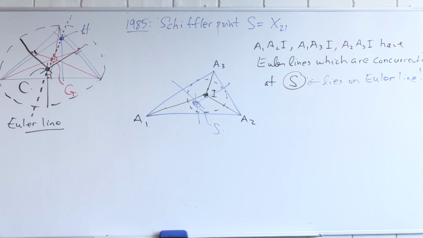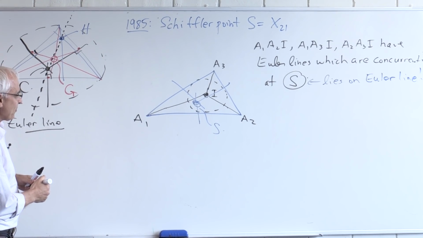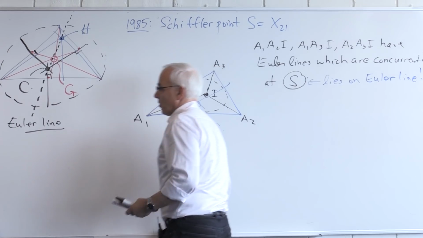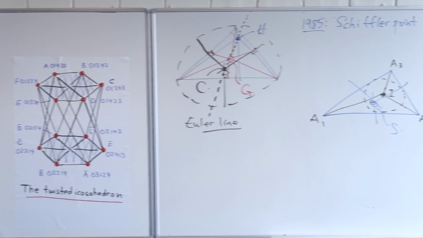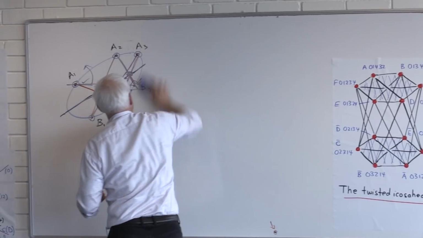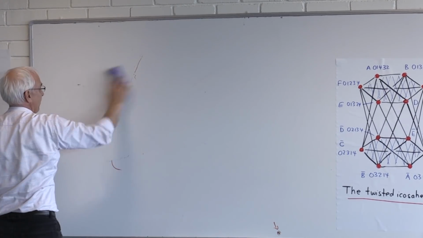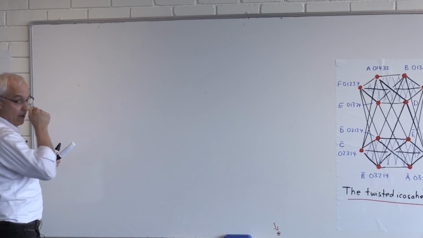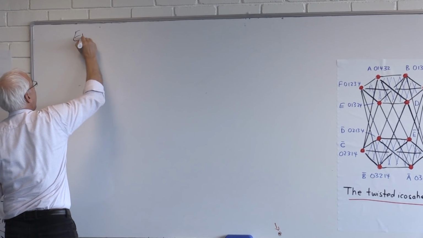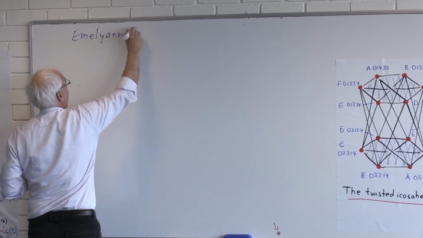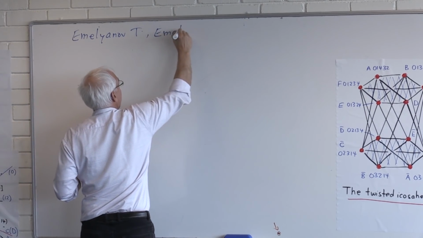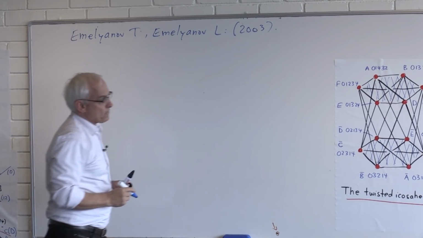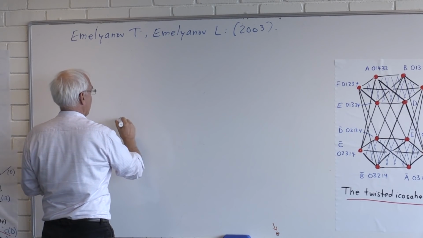But then a few decades later, we got some more insight into the Schiffler point due to the work of 2 people who have the same last name, Emelyanov T and Emelyanov L. So Lev and Tatiana Emelyanov discovered this alternate way of thinking about the Schiffler point. It was around 2003.